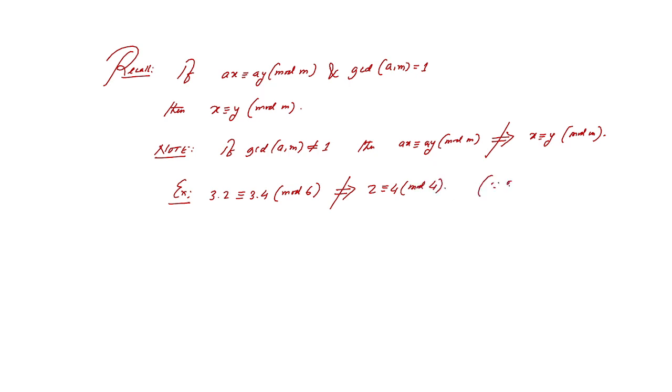Why? Because here GCD of 3 and 6 is 3, which is not equal to 1. So this result is valid only if a is prime to m. Then the cancellation law holds, otherwise no.